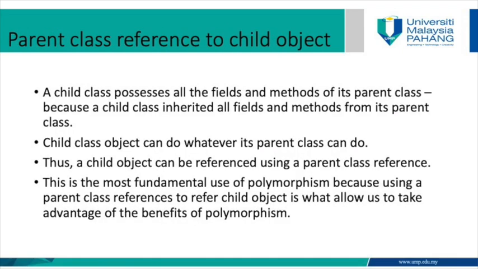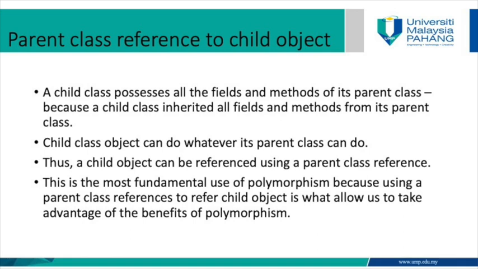So when you have parent and child classes, you have to remember that when you create a child class, the child class will possess all the fields and methods of the parent class, because it inherits all fields and methods from the parent class.